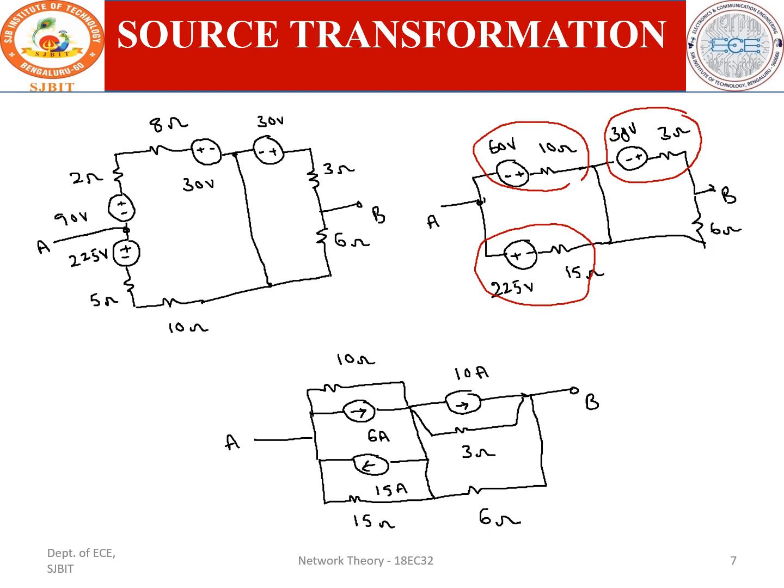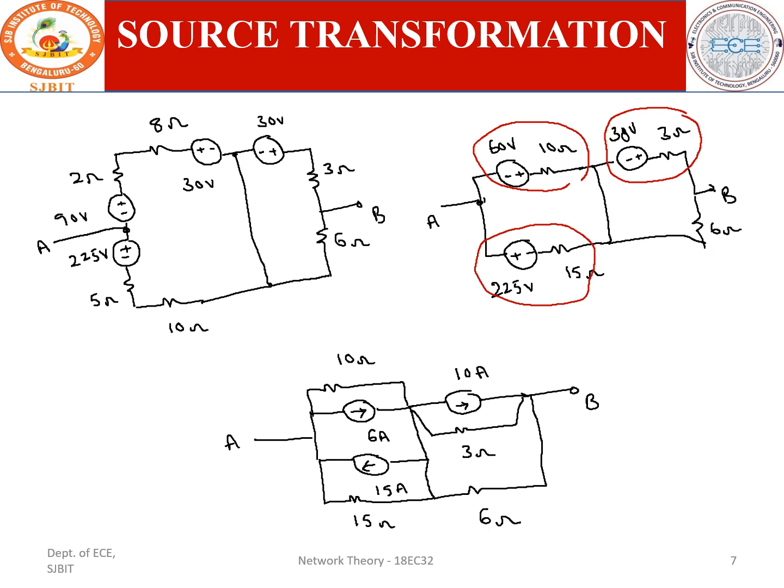So after this you can write a diagram like this. Here you can convert this. So this is 10 ohm and 15 ohm in parallel. After simplification you get 6 ohm.